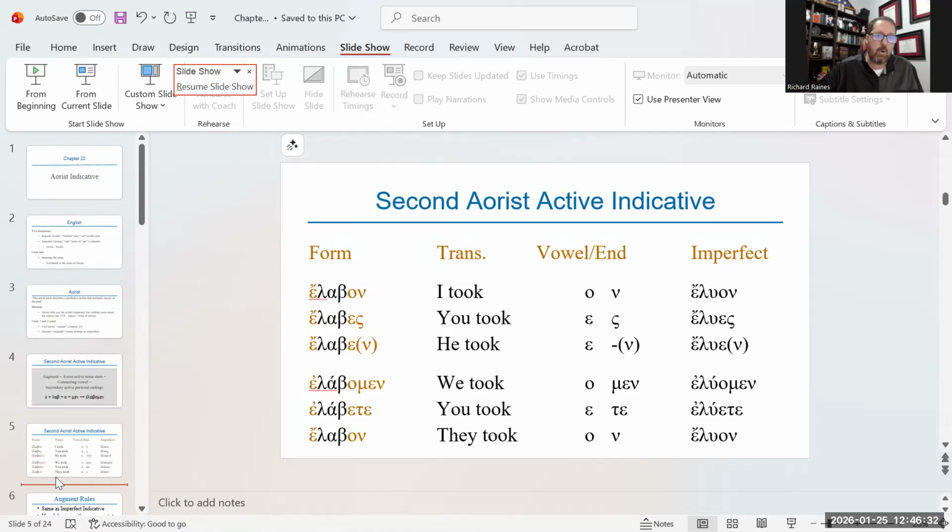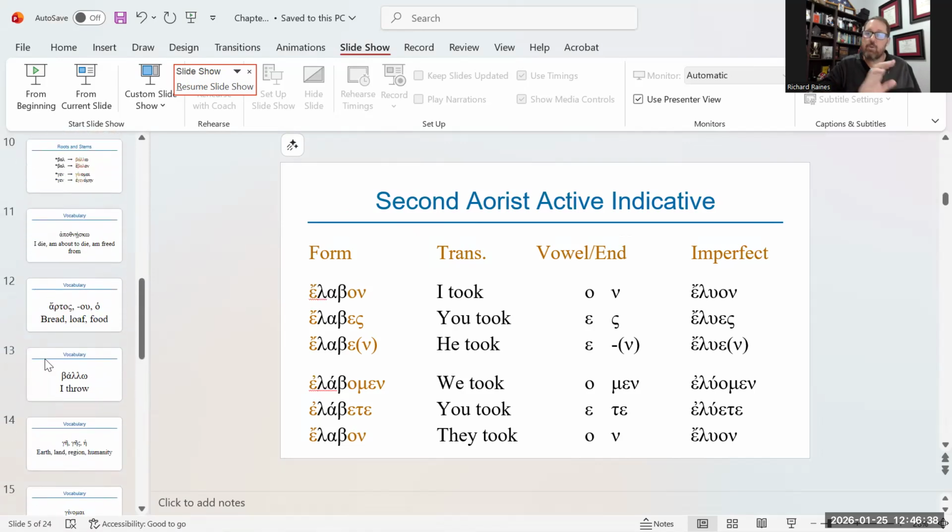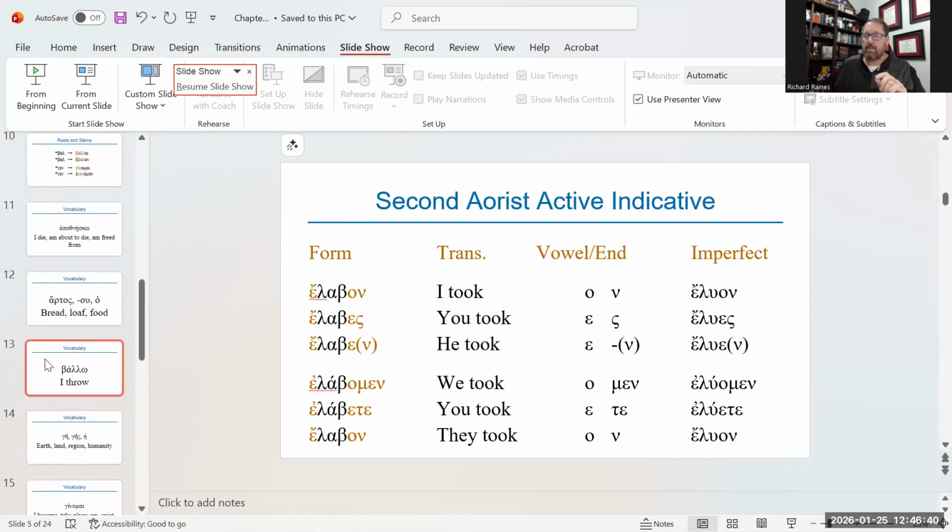Now you'll notice that you don't have a full slate like you normally do of vocabulary words. What you're going to find is that as each chapter goes along, we're going to get fewer and fewer new vocabulary words. So moving forward, you can expect to see all of these vocabulary words on a quiz.